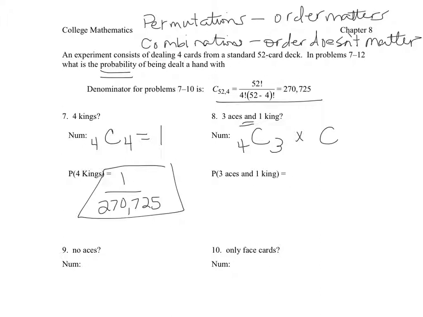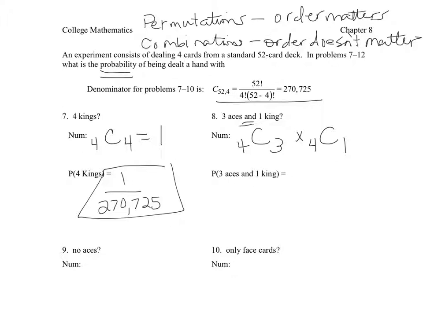wanting to know, again, it's a combination because the order doesn't matter, but to get 1 king, I'm going to choose from 4 kings in the deck. I just need 1 of them. So I've got a combination of 4 things taken 3 at a time times a combination of 4 things taken 1 at a time.